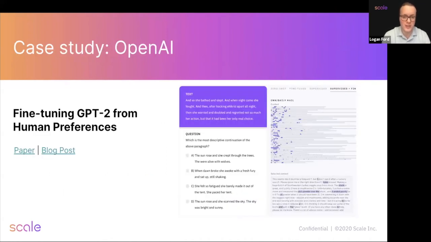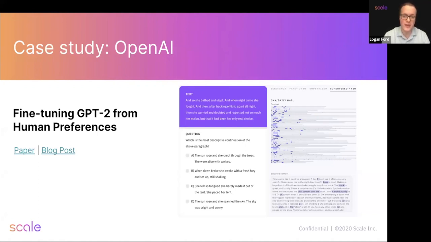And so just to give an example of the type of task we may be working with, and the type of benchmarks that we could be sending to our taskers, to ground this in reality a bit more, we did release a blog post and OpenAI's paper on human preferences for different summarizations.